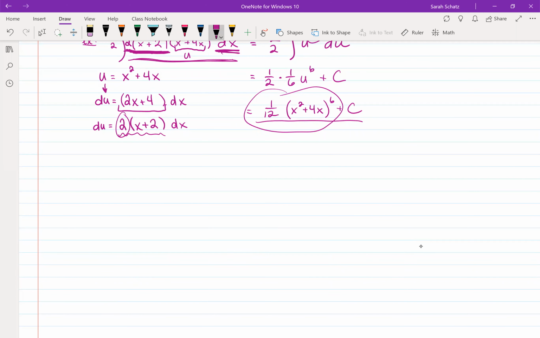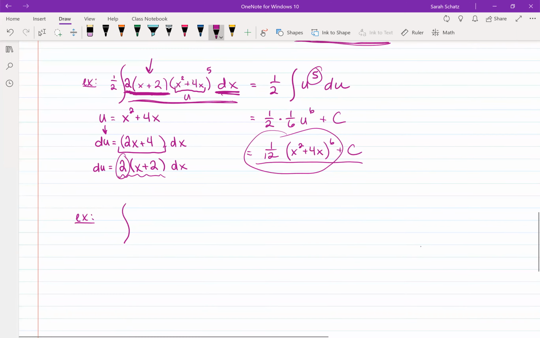What about this one? Sometimes you have to really think about what goes in the front, that canceling term. Like on this one, we had to put the 2 in, so we put the 1/2 in the front. What if I have 4 times 2x plus 9 to the 8th power dx? So what would u be in this case?